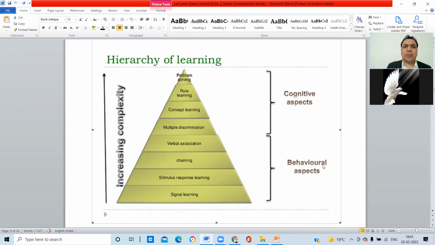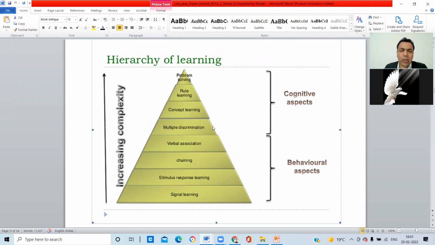These four types of learning correspond to the behavioral aspect. And the others, multiple discrimination, concept learning, rule learning, and problem solving, are related to the cognitive aspect. This is a higher level of learning, right? See, stimulus response learning: we have done one experiment conducted with dogs by a Russian psychologist, right?